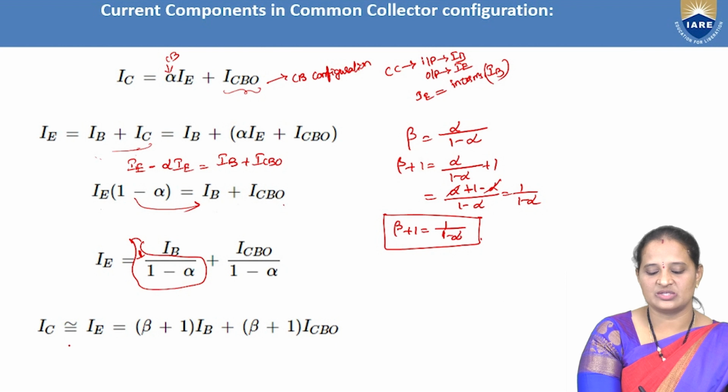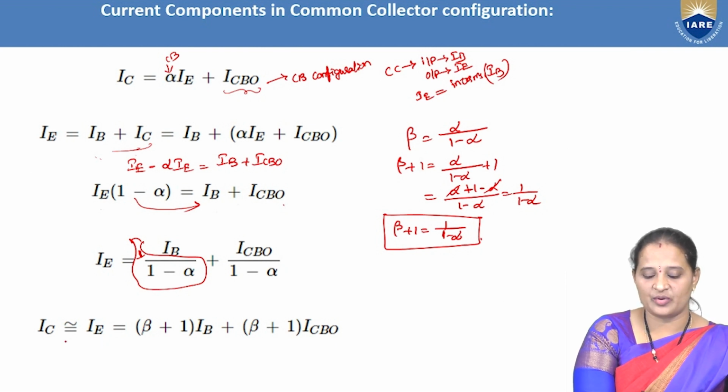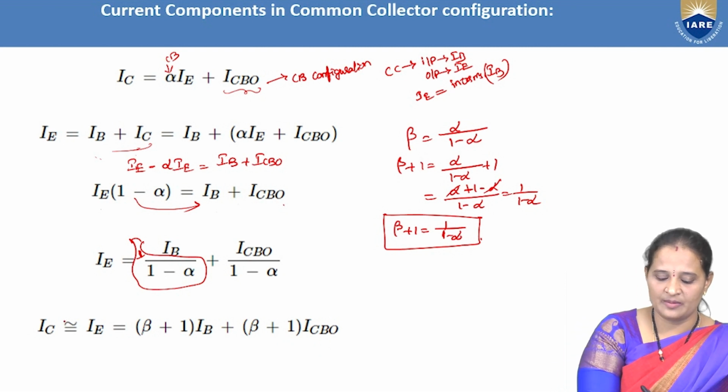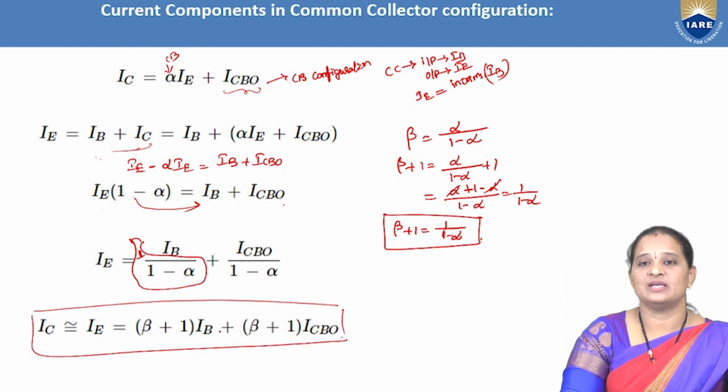So IC is approximately equal to IE, which equals (beta + 1) IB + (beta + 1) ICBO. This is the relation between the emitter current and the base current.